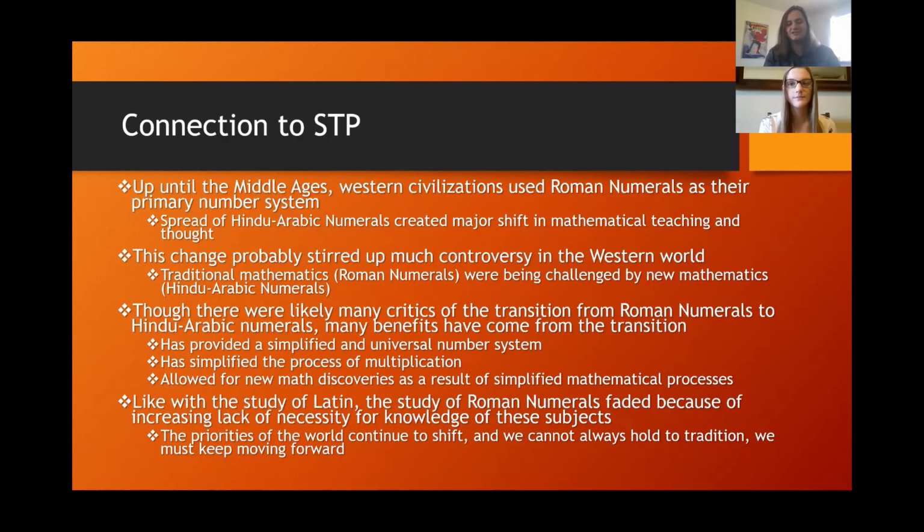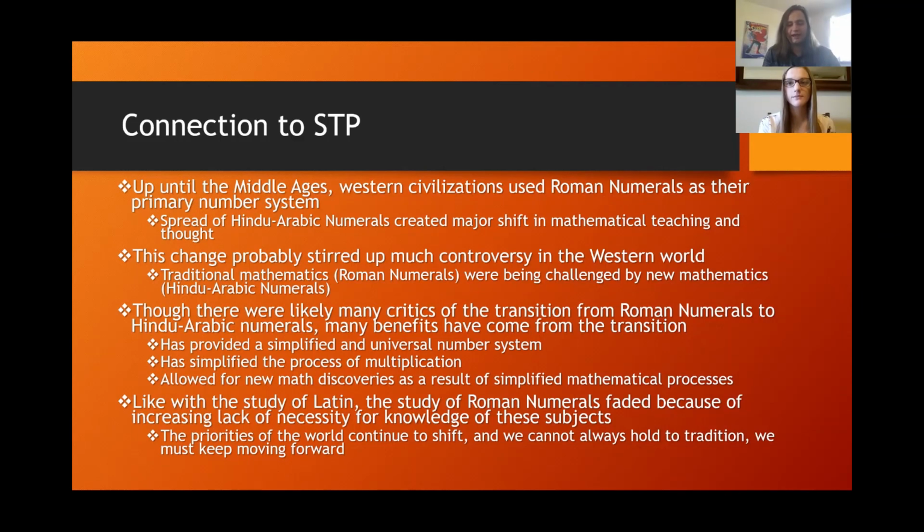And these digits can be represented in a true base 10 fashion. And because of these developments and simplicity of multiplication, it allowed for new mathematics to be discovered, such as calculus and differential equations.